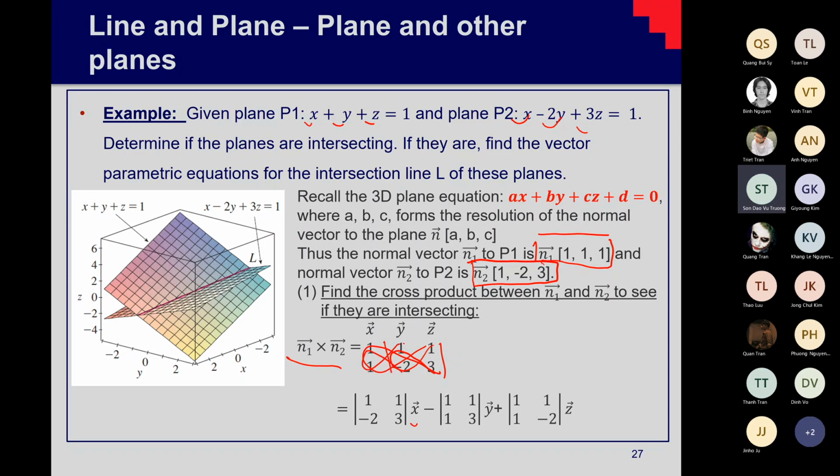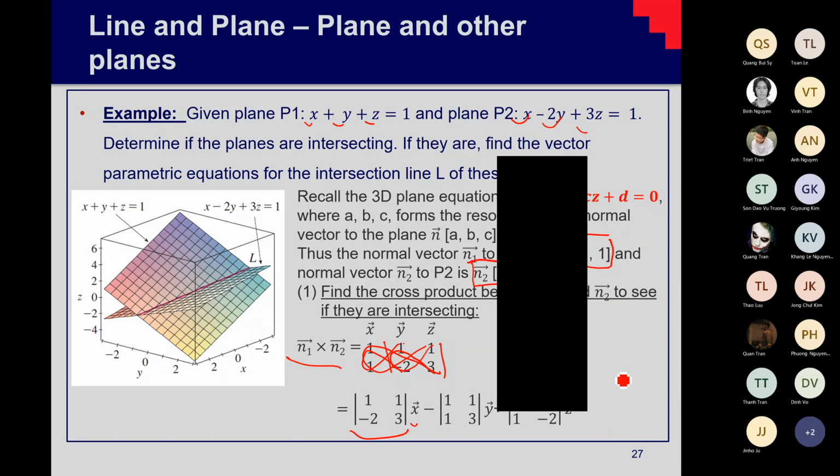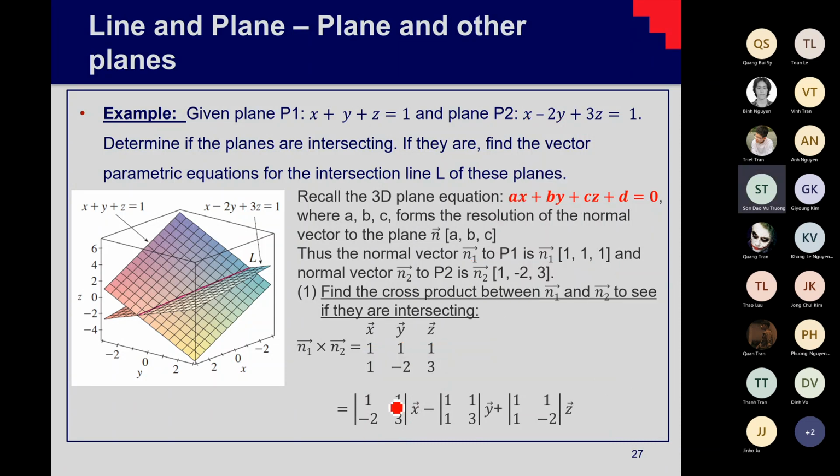The first component: 3 minus minus 2, so we have 5.